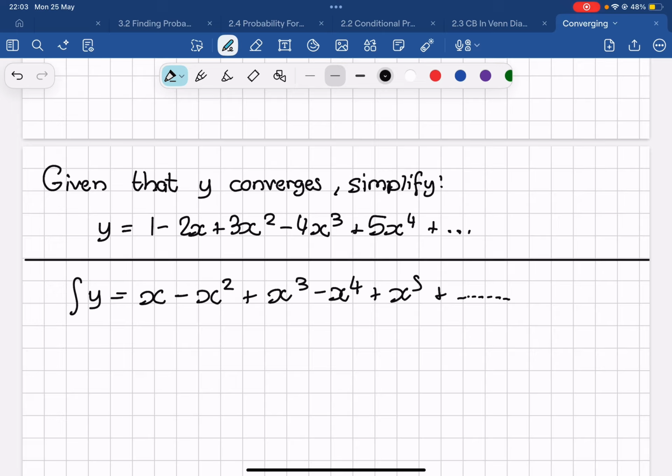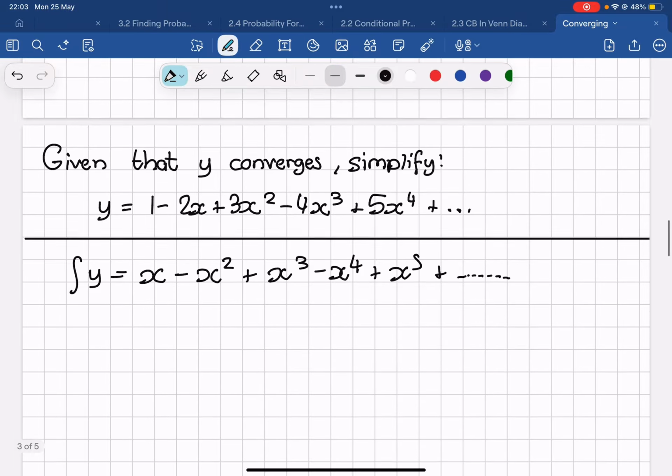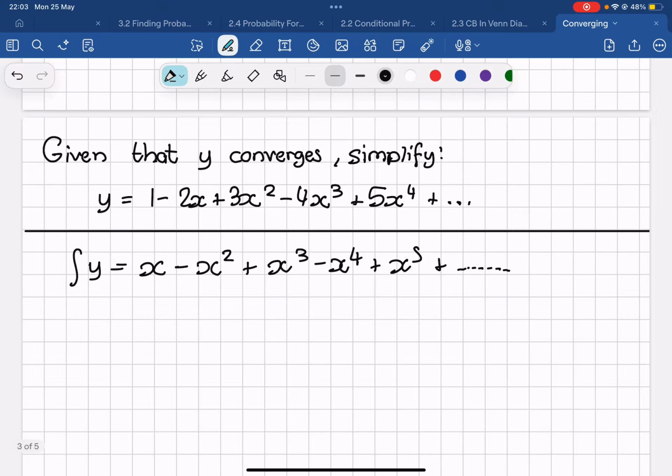Now again, we don't even need to split. We can just notice that this is a geometric series where a equals x and r equals minus x.